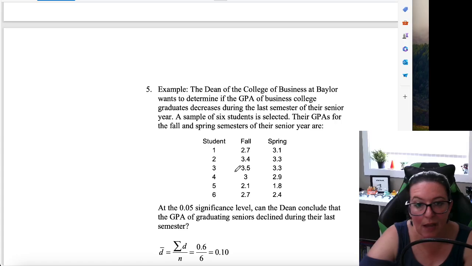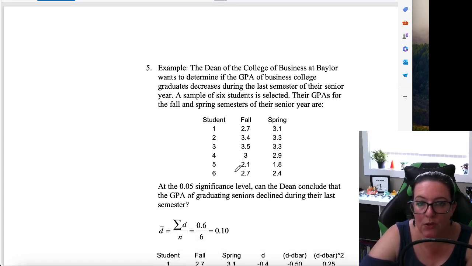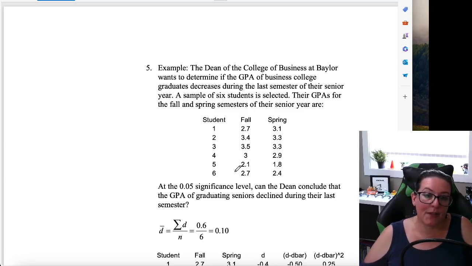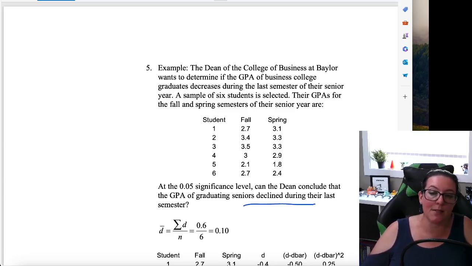Here, for example, we have the Dean of the College of Business at Baylor who wants to determine if the GPA of business college graduates decreased during the last semester of their senior year. A sample of 6 students is selected. Their GPAs are for the fall and the spring of their senior year. At a 0.05 significance level, can the dean conclude the GPA of graduating seniors declines during their last semester?